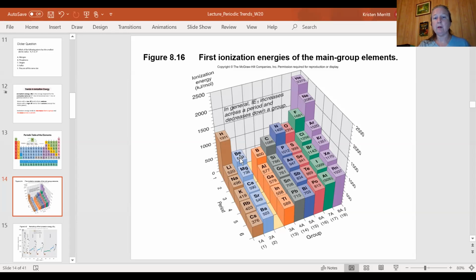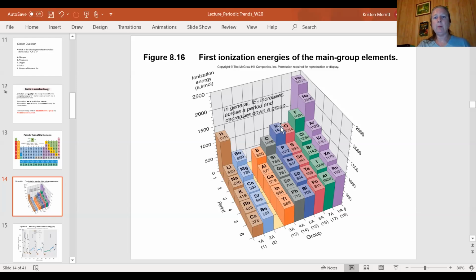Beryllium is higher, because this is a filled s shell. Now boron is actually a little bit lower energy because once you remove 1 electron from boron, you have a filled shell state. So the trends also follow the stability of what happens when the electron is removed.